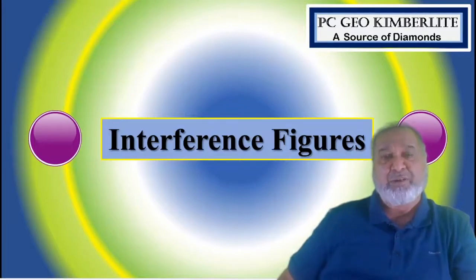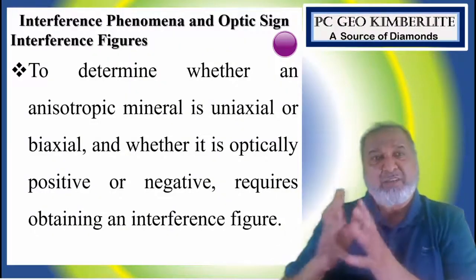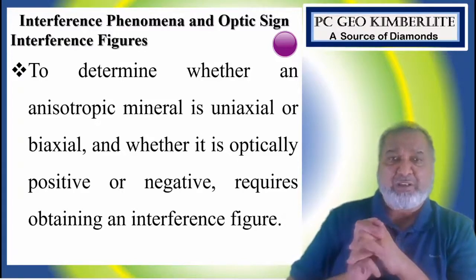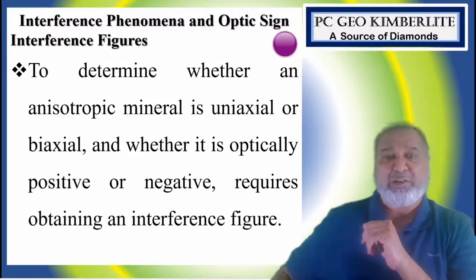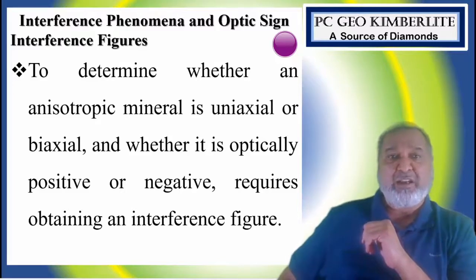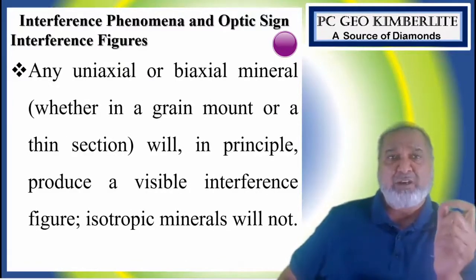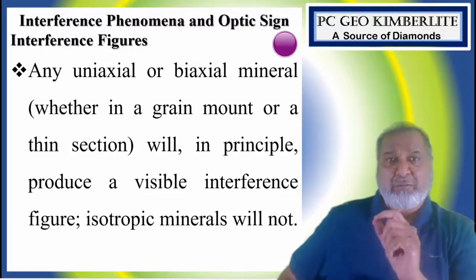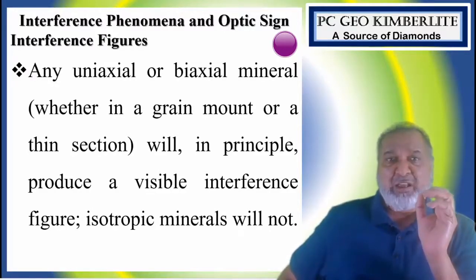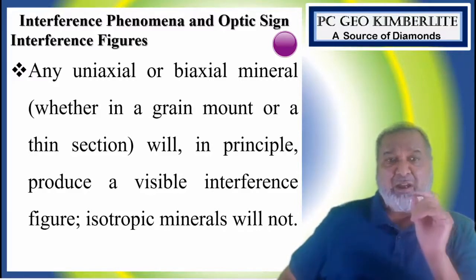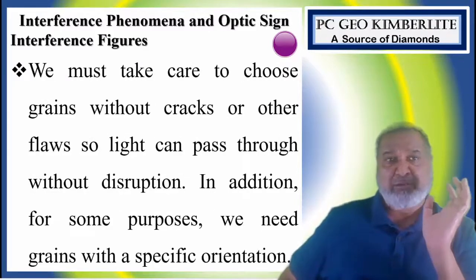Now, the interference figure. To determine whether an anisotropic mineral is uniaxial or biaxial, and whether it is optically positive or negative, requires obtaining an interference figure. Any uniaxial or biaxial mineral, whether in a grain mount or in a thin section, will in principle produce a visible interference figure, and an isotropic mineral will not.